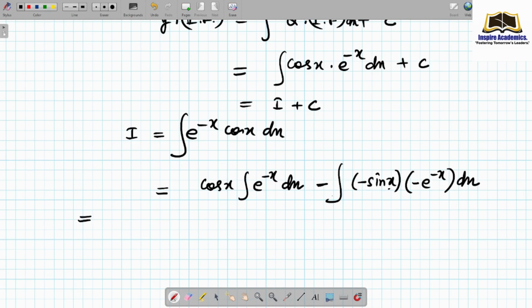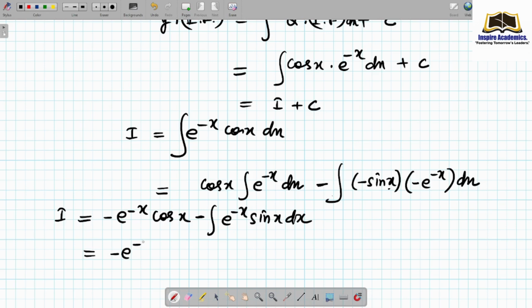So I will have I as negative e negative x cos x minus e negative x sin x dx. Is this step clear? Let's further put it, negative e to the power negative x cos x, and I will put the bracket.